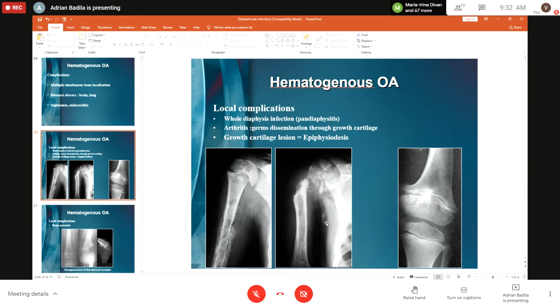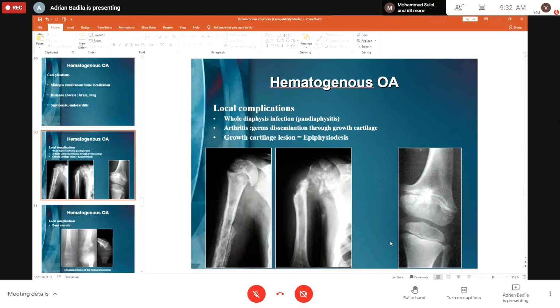If the whole growth plate is affected, that will lead to the closing of this growth plate with a limb length discrepancy, because this lower limb will remain shorter because this growth plate was closed much quicker because of the infection.